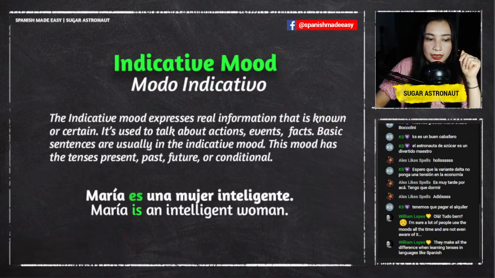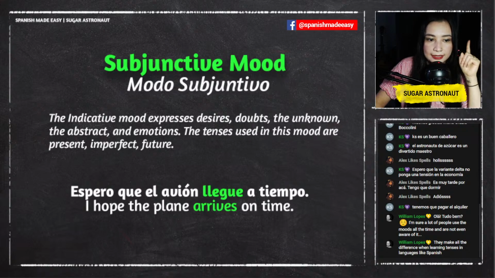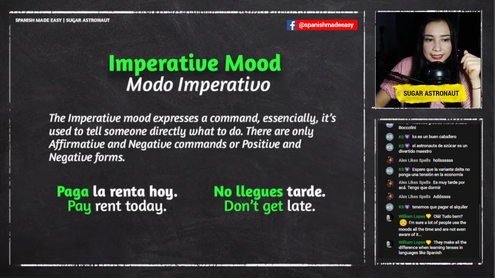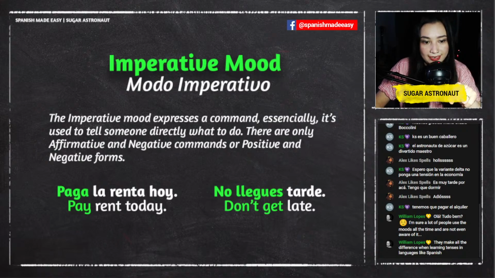The second one, the subjunctive, expresses desires, doubts, the unknown, the abstract, and emotions. And the last mood is the imperative mood, el modo imperativo. This one is about commands: do something or not do something. You could be saying to someone, do something or don't do it. Still a command, both of them.